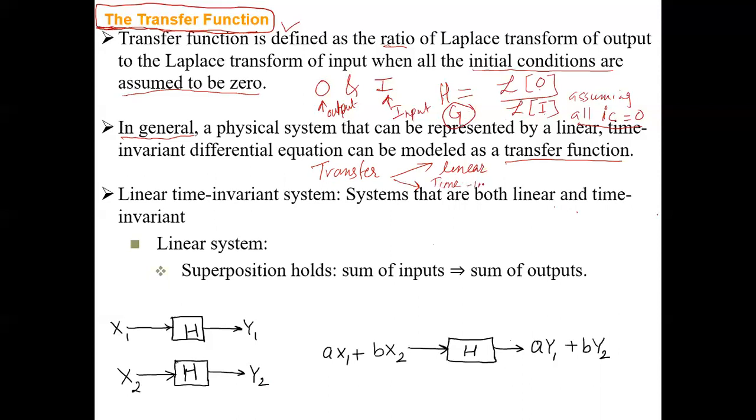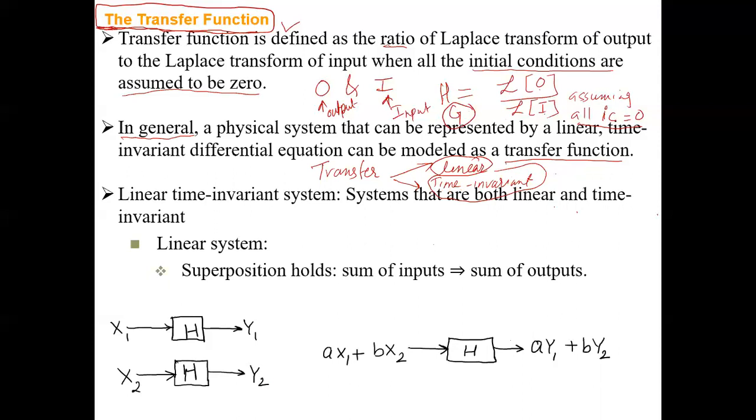Suppose you are given a system which is both linear and time invariant, then you can find the transfer function of this system and you can represent that system. Meaning the transfer function of a linear and time invariant system will represent the system.